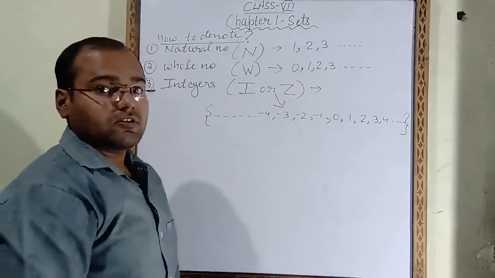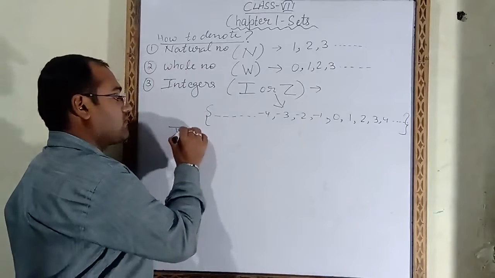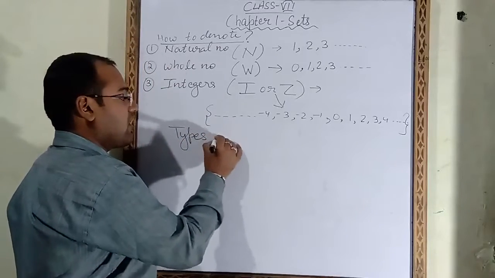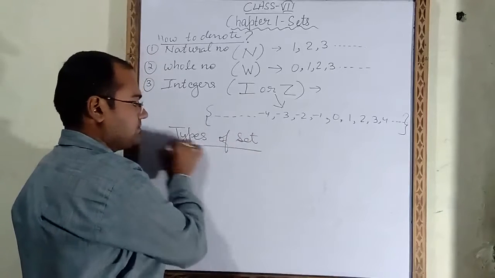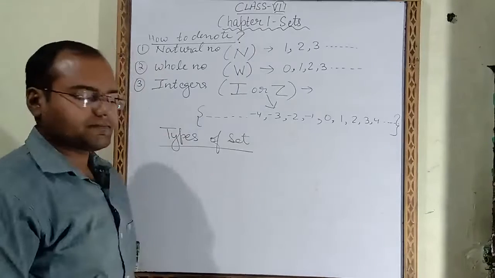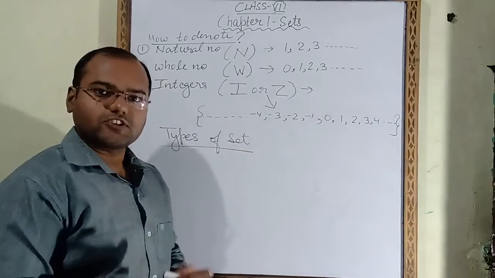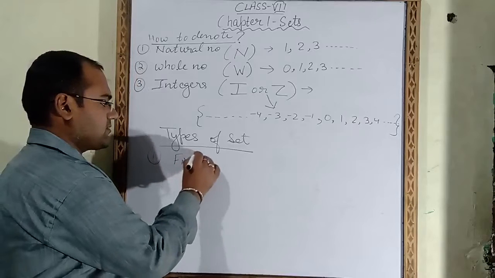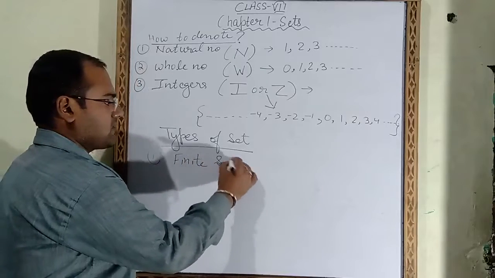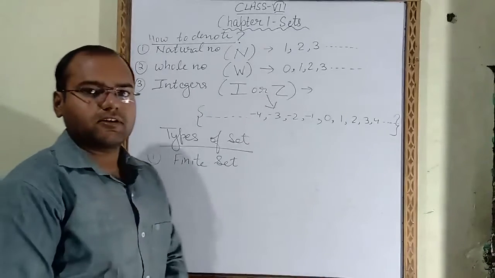Now come to types of sets. Now you will learn how many types of sets there are. So the first one is finite set.